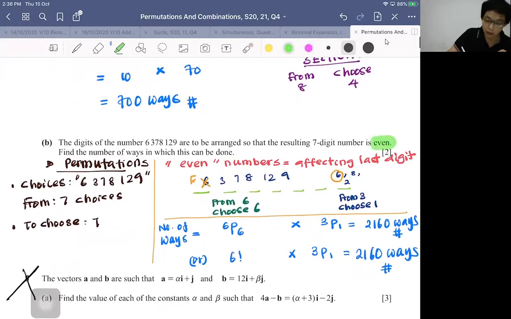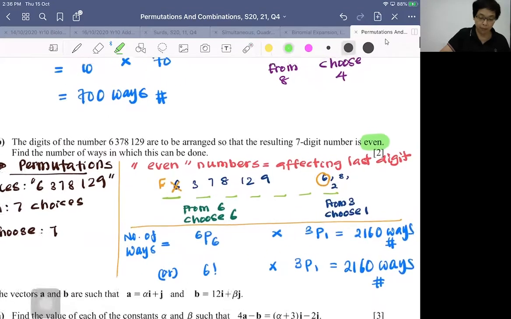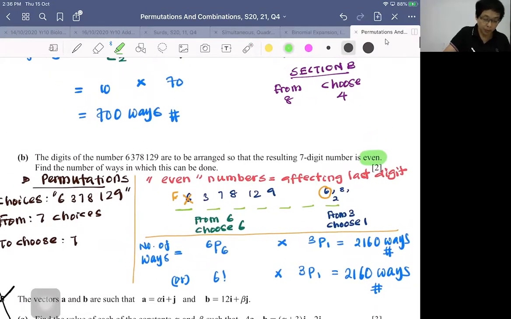Then there's another little requirement here. It says that they want the number to be an even number. As a word, even number, we know that it only affects the last digit of the number that you are going to form. Therefore, we start from the last digit and scan through the available numbers to see how many even numbers can fit into that one last position.